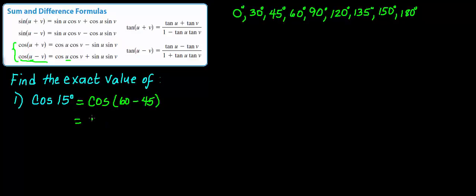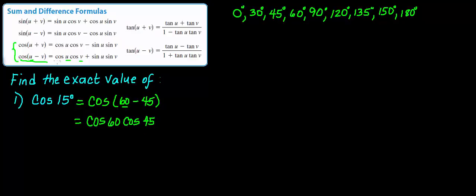So that means I'm going to write cosine of the first angle in my subtraction, 60. Then it says multiply times the cosine of v. V refers to my second angle in my subtraction. So I'm going to multiply cosine of 45 degrees.